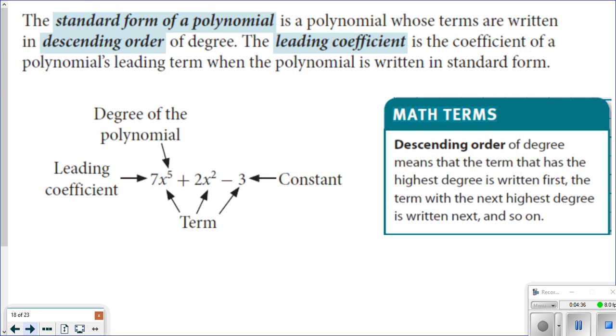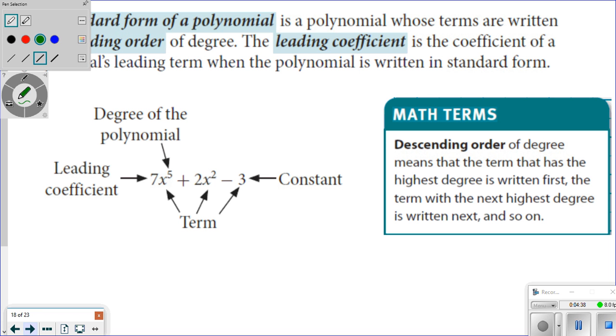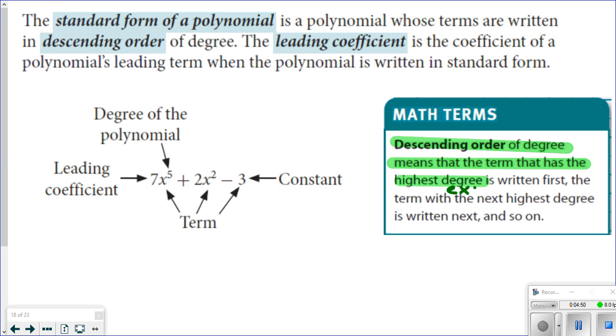If you look at the math term box in your book, descending order of degree means that the term with the highest degree, also called exponent, is written first. Then the next highest exponent or degree, and then the next highest, and so on and so forth. And what comes at the end is my constant term.